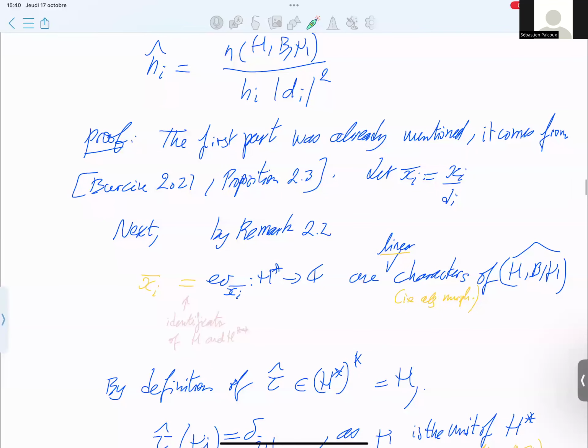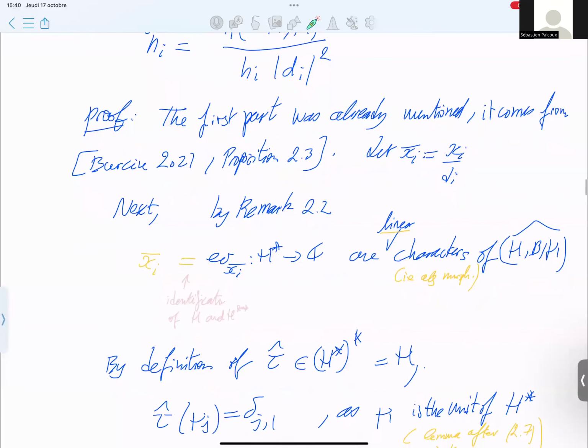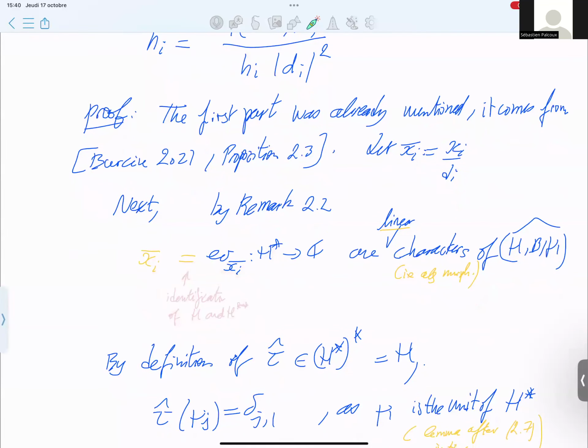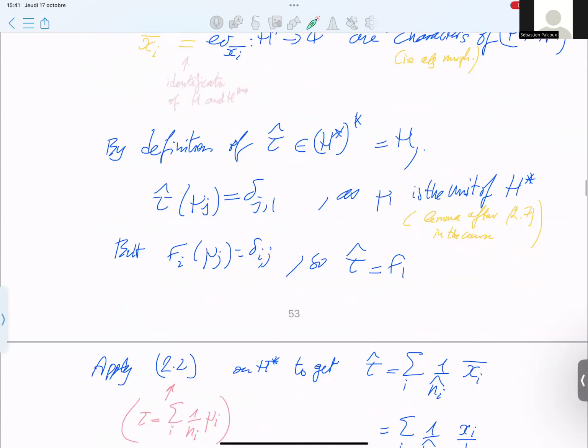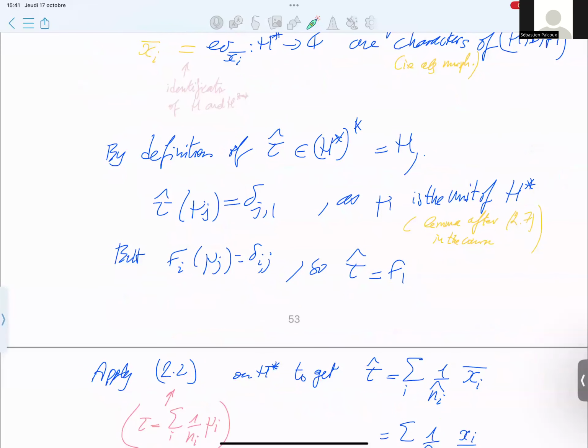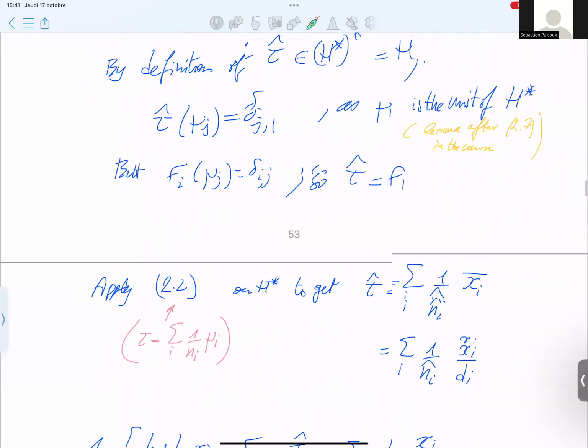Okay. So here we use this kind of identification. Remember the evaluation map, which is the linear character on the dual. It's identified with, in fact, the element like that. But we need it to be normalized. It's not just we want something normalized. Okay. So I skip the same.